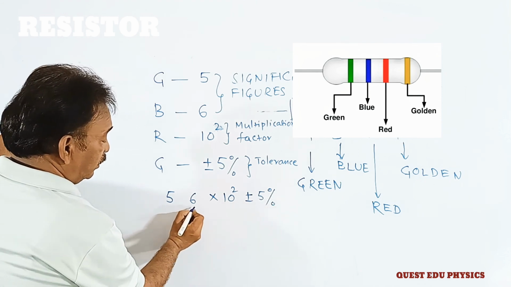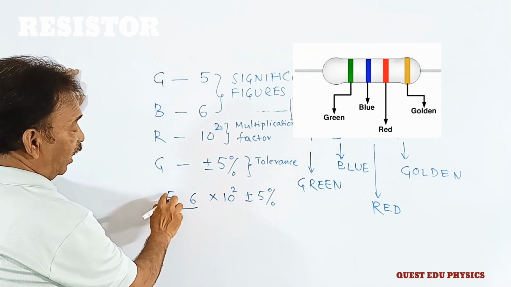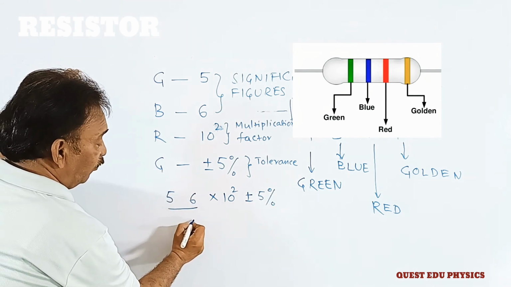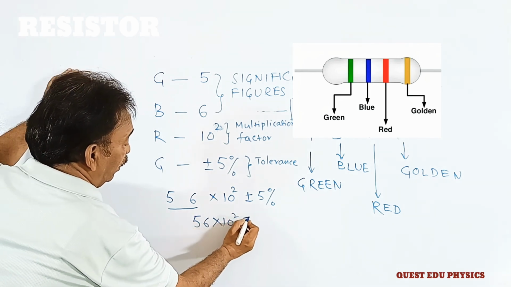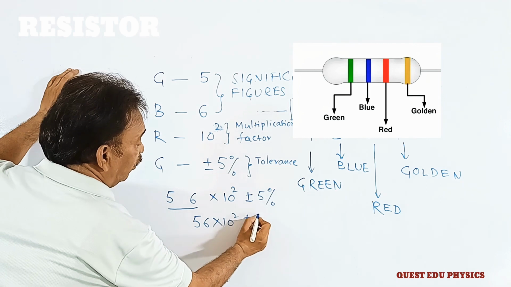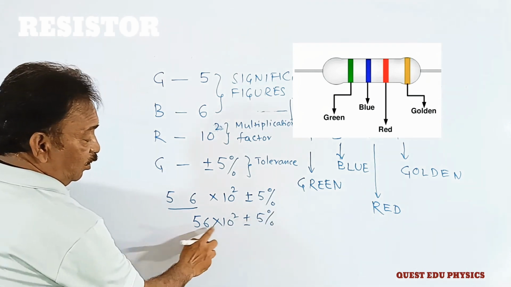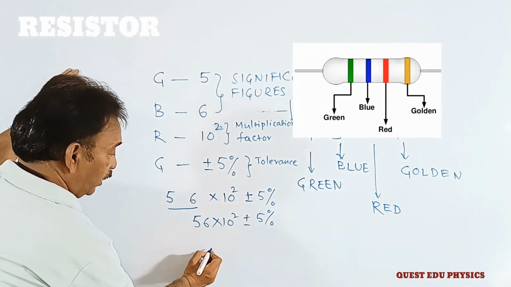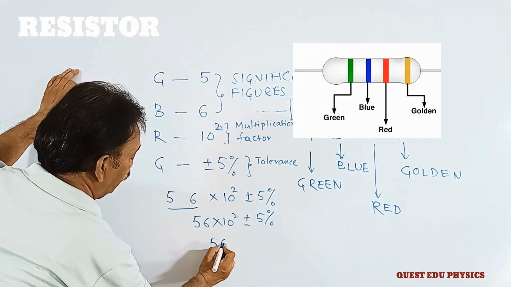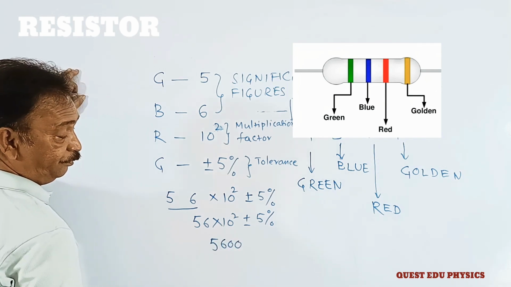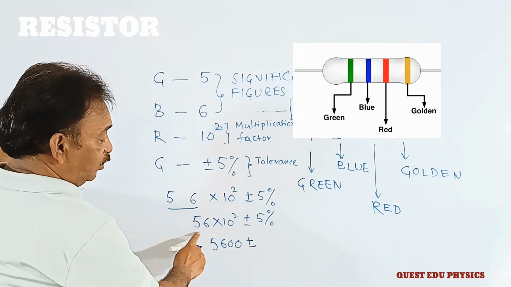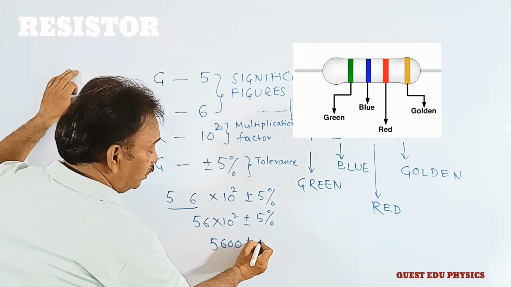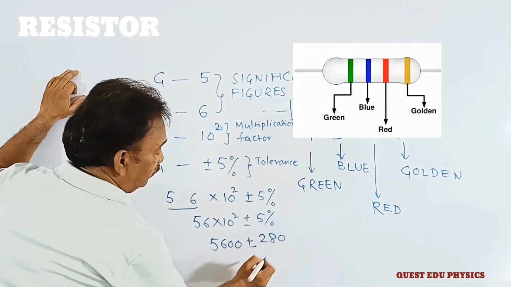So it is 5, 6. You have to write it as 56 into 10 square plus or minus 5%. 56 into 10 square is 5600. Okay, plus or minus 5% of 5600 gives 280, students.